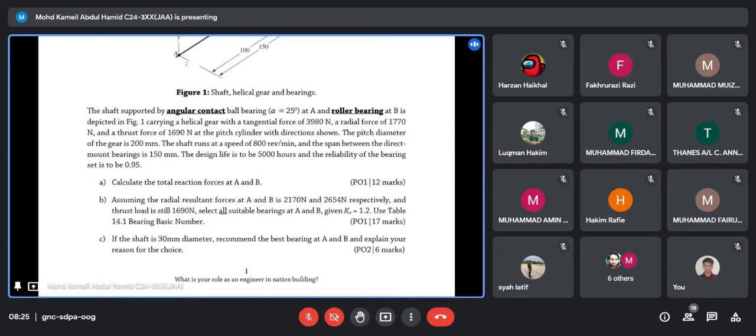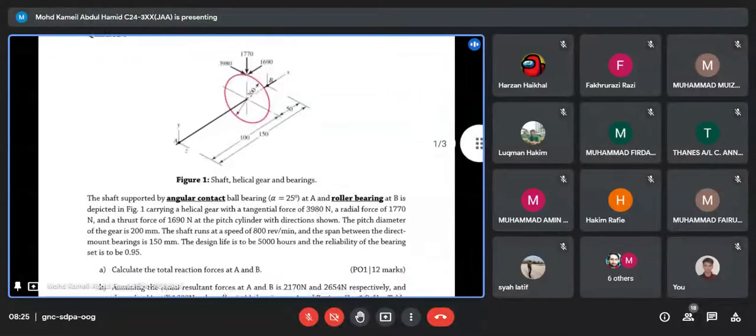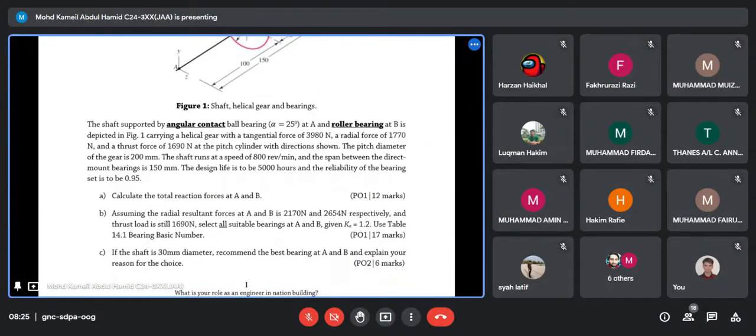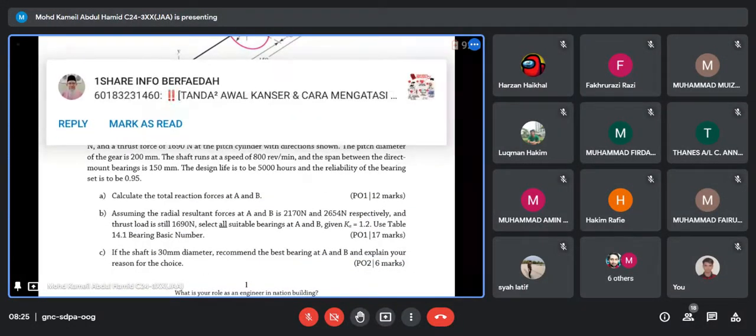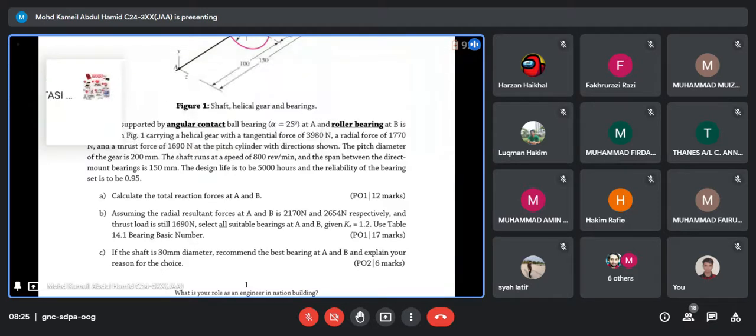Kemudian yang B, assuming the radial resultant forces at A and B is 2170 Newton and 2654 Newton respectively, and thrust load is still 1690 Newton. Select all suitable bearing at A and B given KA equal to 1.2, use table 14.1 bearing basic number.